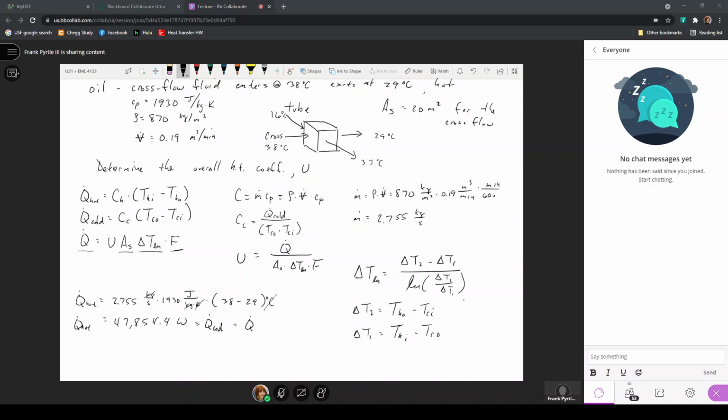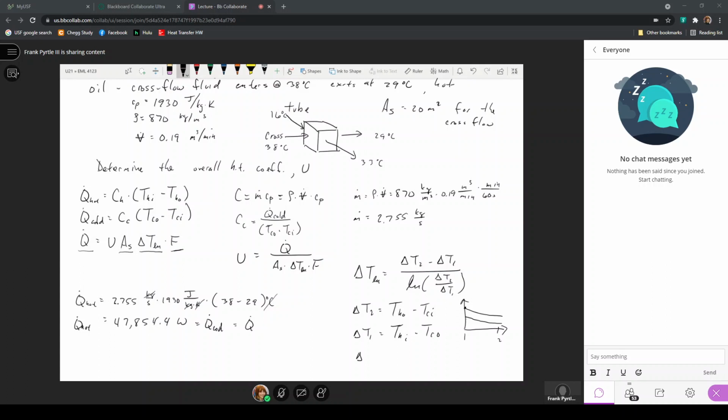Now here I'm going to go ahead and just draw what a double pipe counterflow heat exchanger will look like again. The hot inlet, if I'm saying, comes in at 1 and leaves at 2, and the cold inlet comes in at 2 and leaves at 1. So here the hot inlet is at position number 1, and the cold outlet is at position number 1. So delta T at position 1 will be hot inlet minus cold outlet. At position number 2, this will be the hot outlet minus the cold inlet.